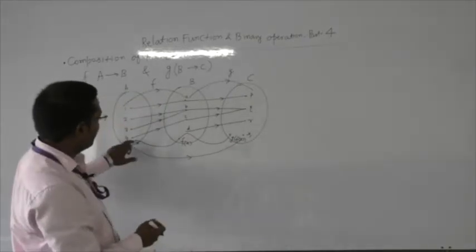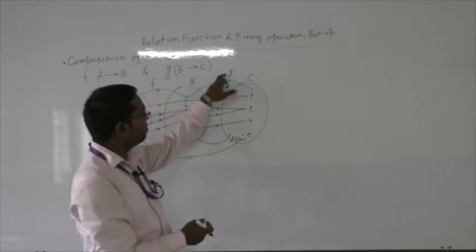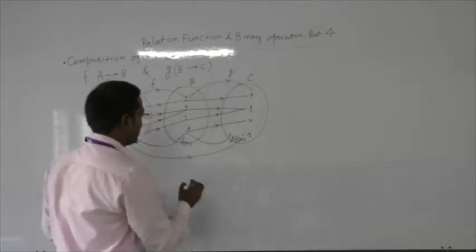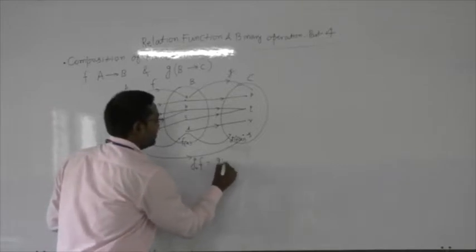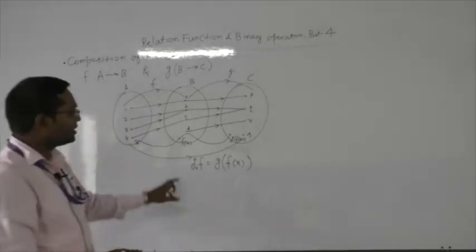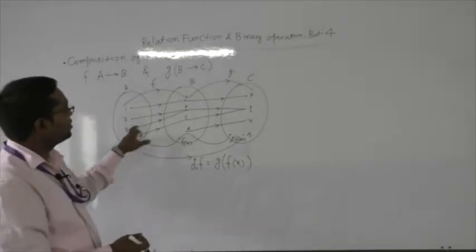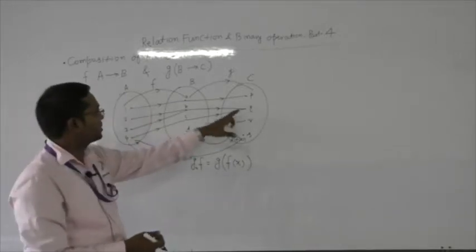So if I take any element x, its image will be f of x, undergoing transformation into g, that will be g of f of x. So this we say g of f, that is g of f of x. And this function is defined from A to C, and we will consider only the connected elements throughout.